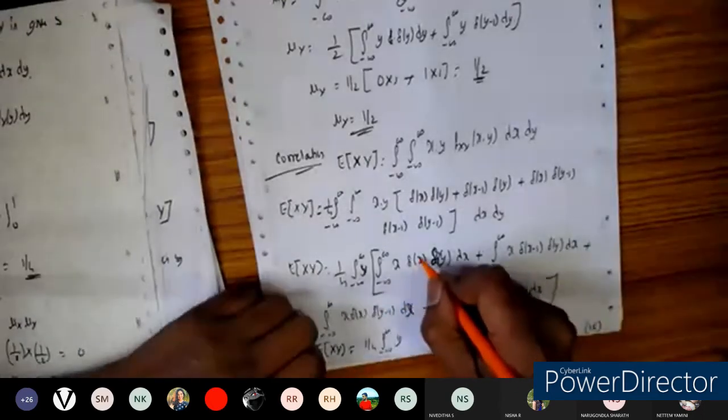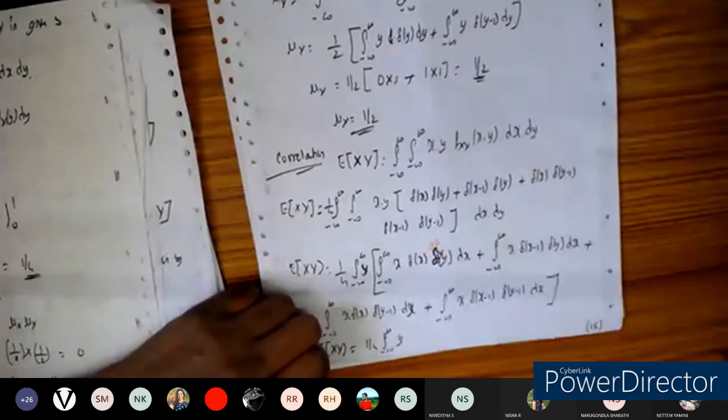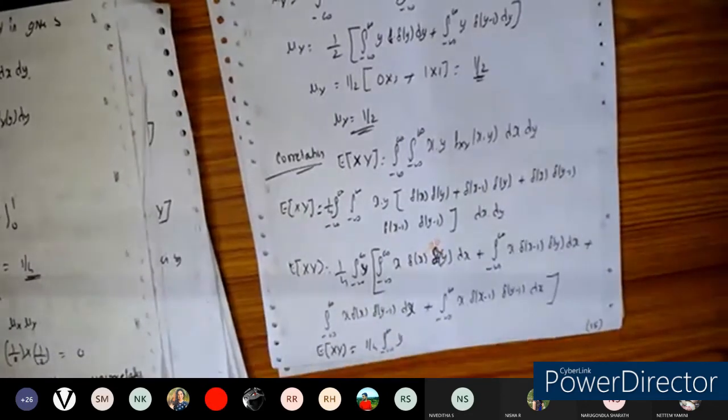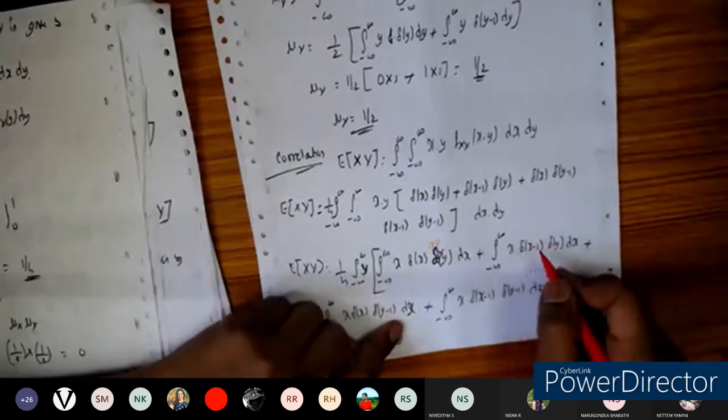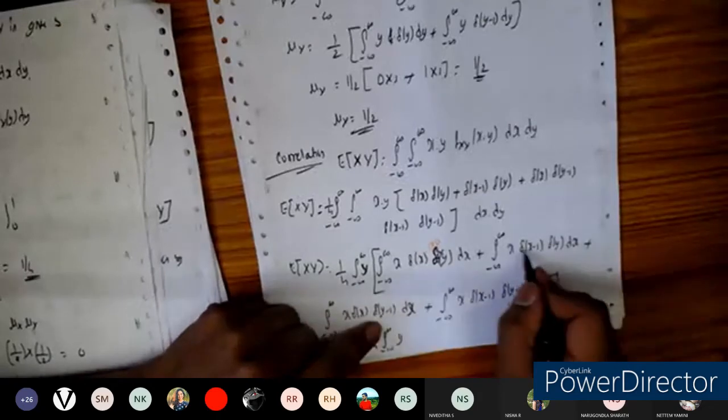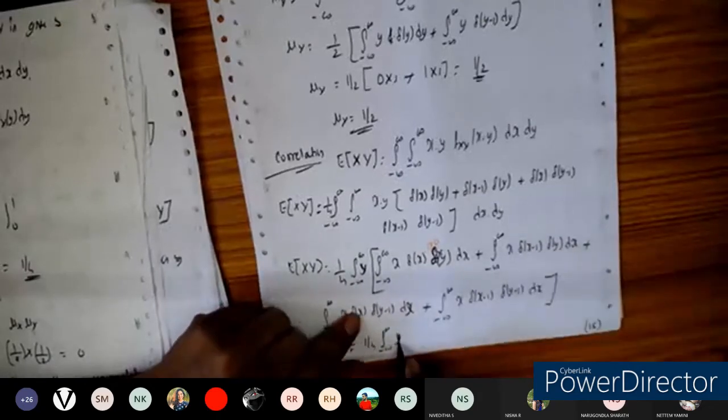For the correlation, the first term becomes 0. The other one, x into delta of x minus 1, will become equal to 1. So we get 1 into y, with 1 by 4 and the integral from minus infinity to plus infinity of y.